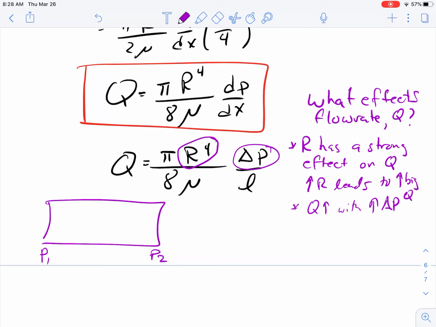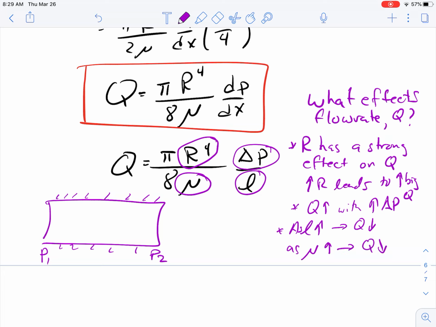And that makes sense. What acts against the flow rate? Well, the longer the pipe is, so as L increases, Q decreases. Why is that? Because then we're going to have more friction along the wall, and that's going to act to retard the flow. And similarly, as the viscosity mu increases, the flow rate decreases.